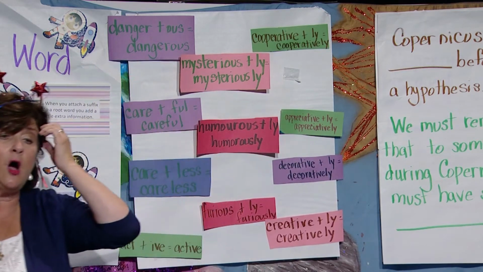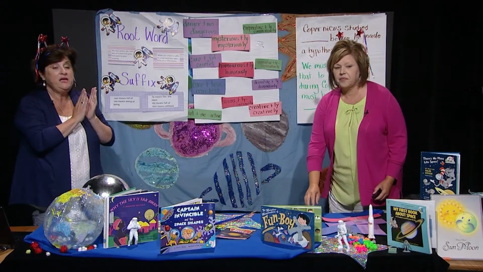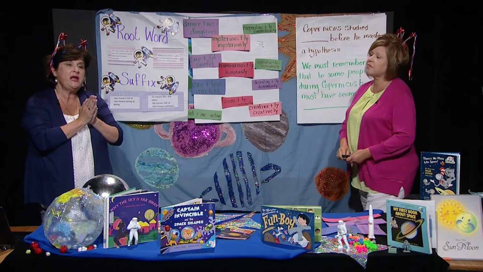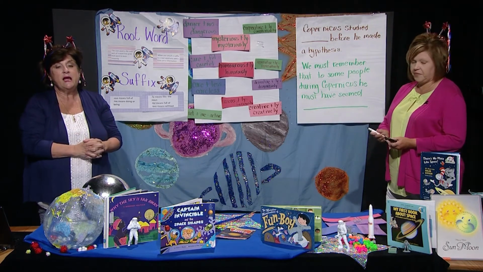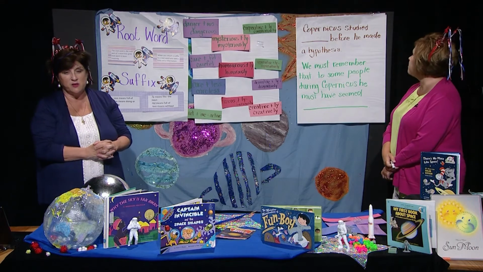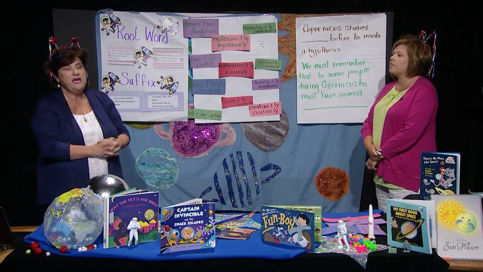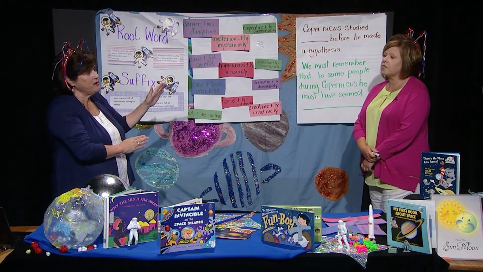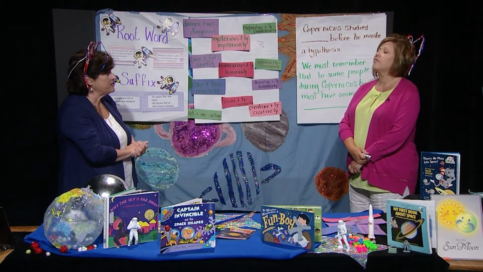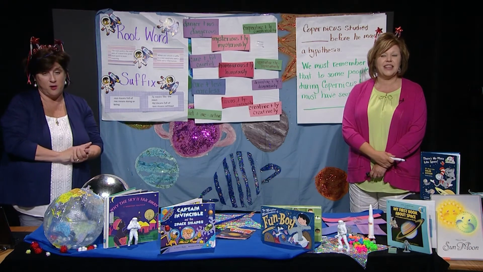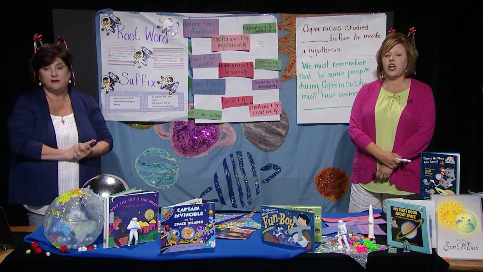So we can see all the different ways that we can use suffixes when we read and when we write. Now, let's use some of these words so that we can decide which one will fit the best in our sentence. Sounds good. Are you ready, guys? Need you to listen very carefully.